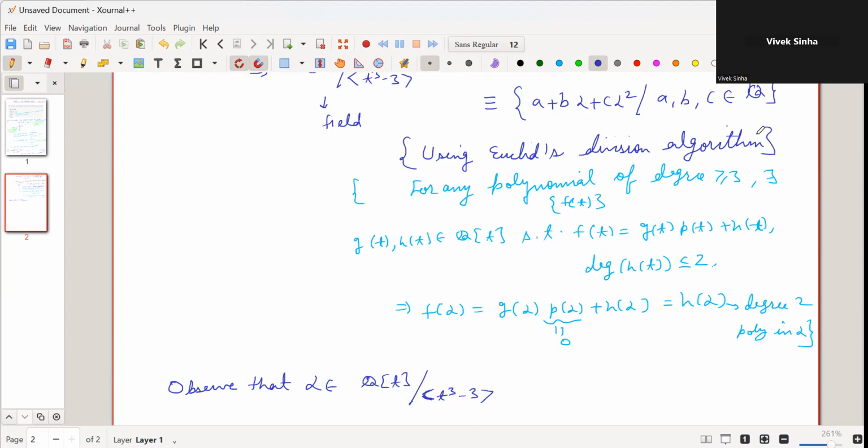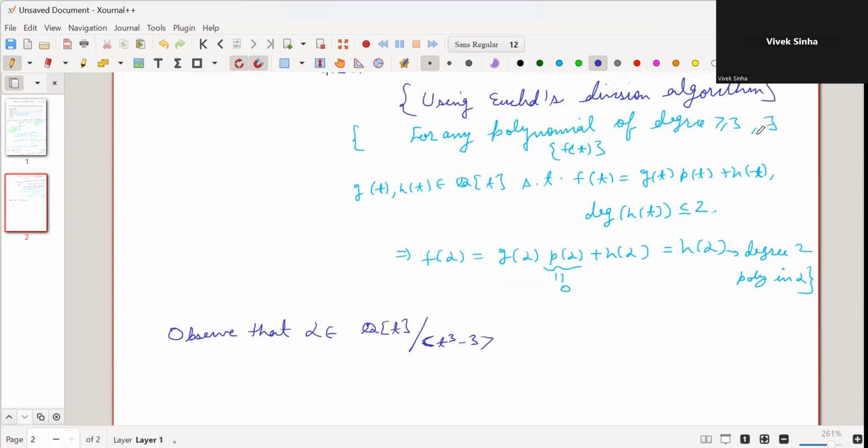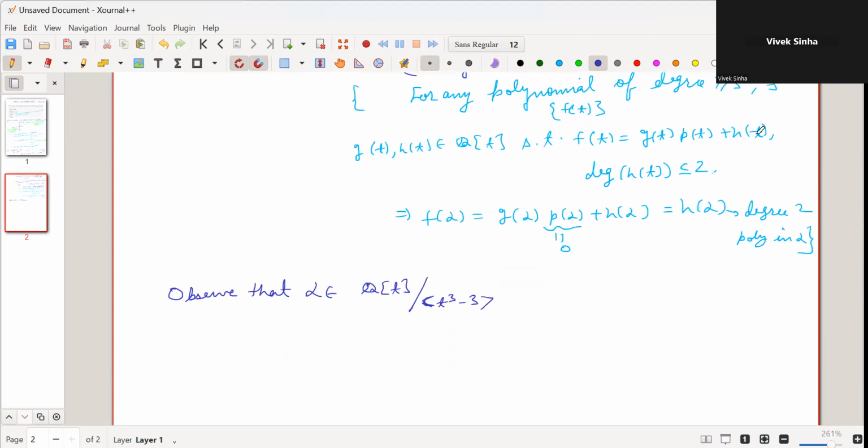So alpha belongs to this Q[t] modulo t cube minus 3, and alpha satisfies t cube minus 3 over Q, right?